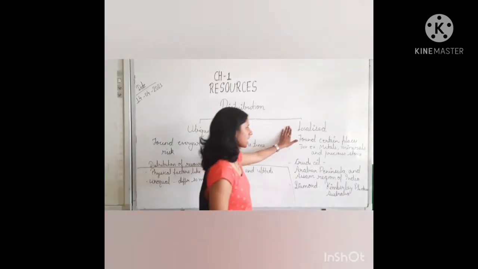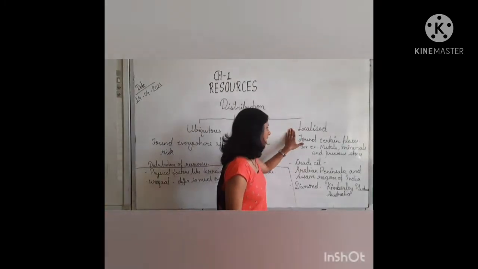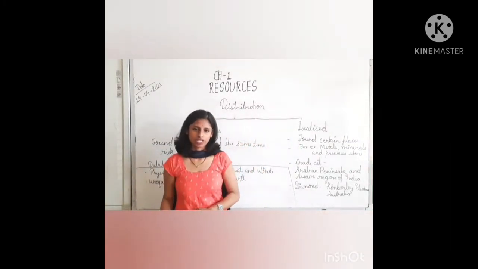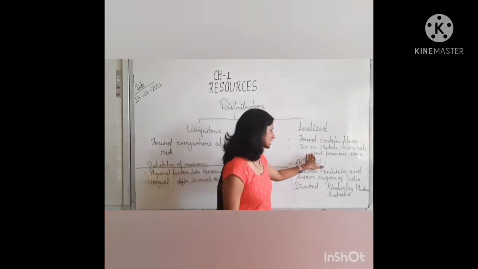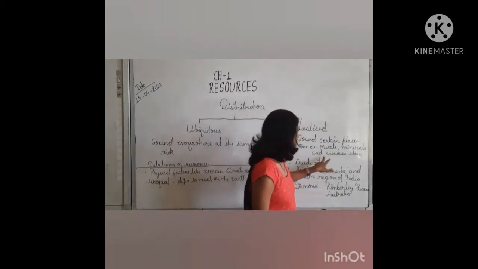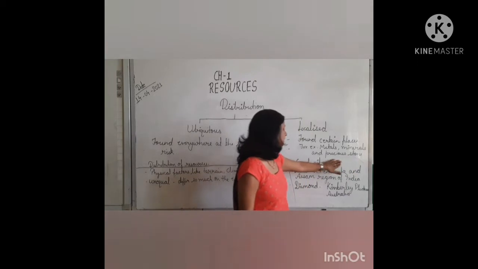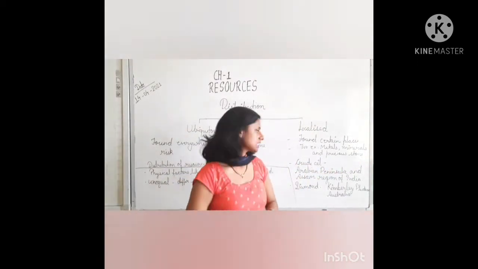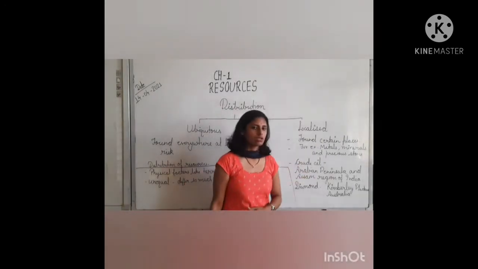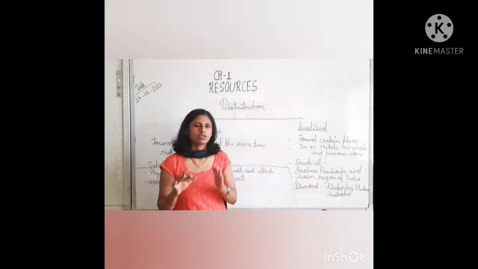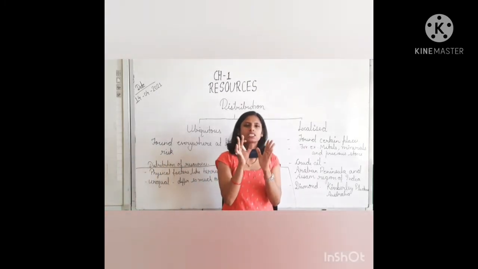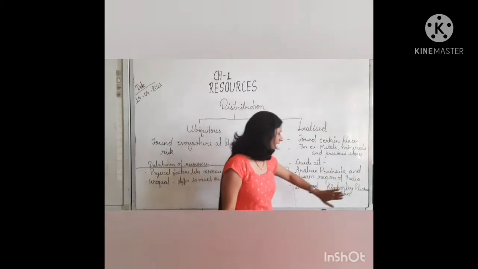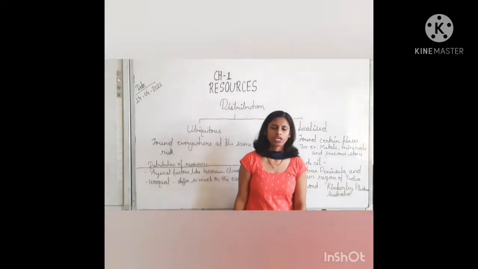Now we will understand the term localized. The localized resources can be found only in certain places. For example, metals, minerals and precious stones can be found only in some places, like crude oil that can be found only in some parts of the world like the Arabian Peninsula and the Assam region of India.